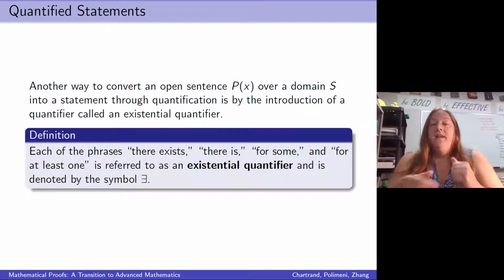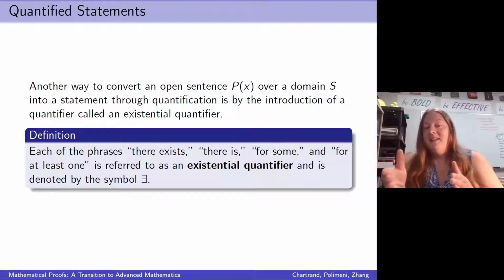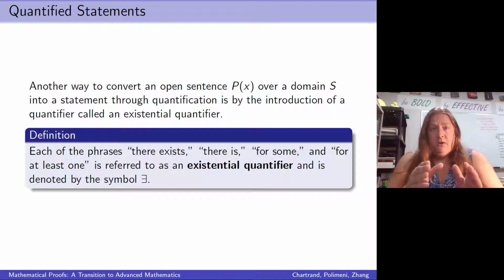There's a second way that we can quantify a statement, and it's using a thing called the existential quantifier. Don't let that big word throw you off. Existential: there exists. We've actually already hinted at this when we were thinking about when the universal statement was false.